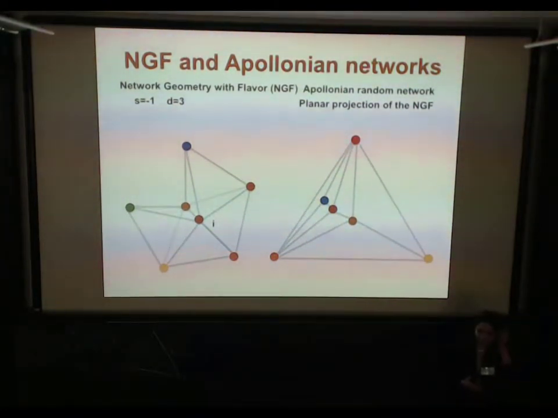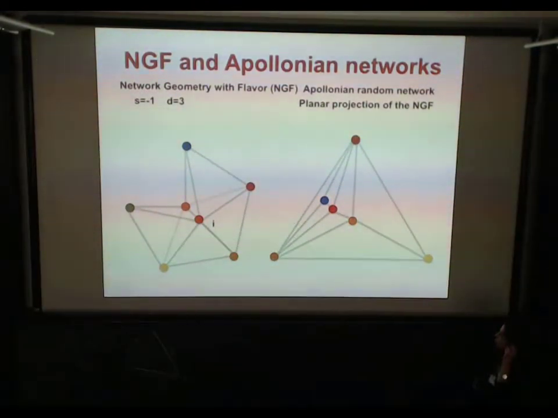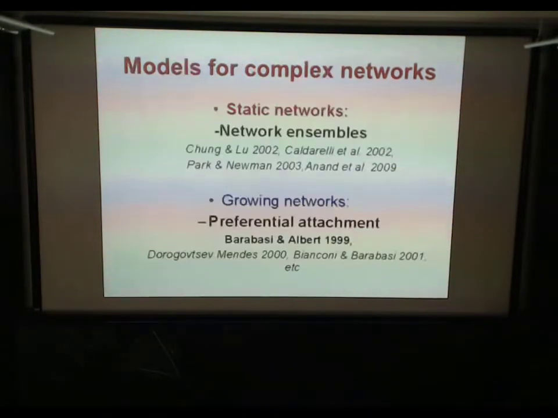And you have that the new orange point is the one triangulating this triangle here. So you project this on the plane, and this red is triangulating this, and this is triangulating that. So this is the construction from the three-dimensional stacking to the two-dimensional Apollonian network.